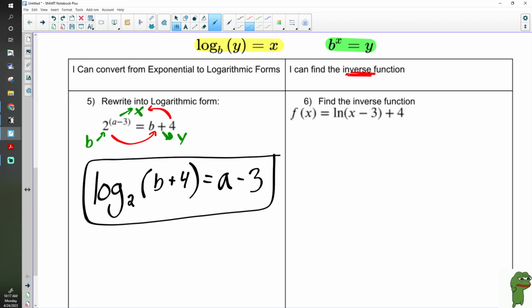Instead of starting as an exponent and going to a log, we're starting with a log and turning it into an exponent. Now, the one thing we have to take care of is this yucky f of x. This f of x we're going to rewrite as a y. y equals ln(x minus 3) plus 4.